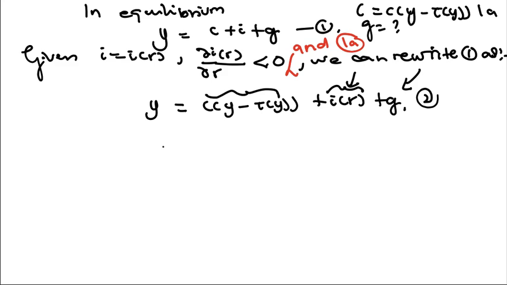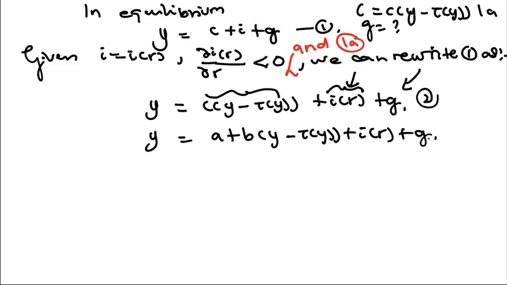But for instance, if I give you this, Y equals a plus bY minus tau Y, for instance, plus I(r) plus G, and we assume that this one is equal to 0. So Y equals a plus bY plus I, specified, let's say, I make it even more specific and not very generic.